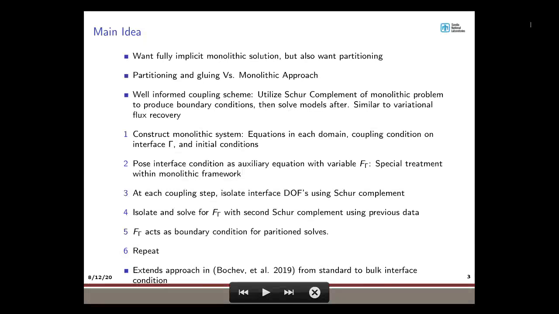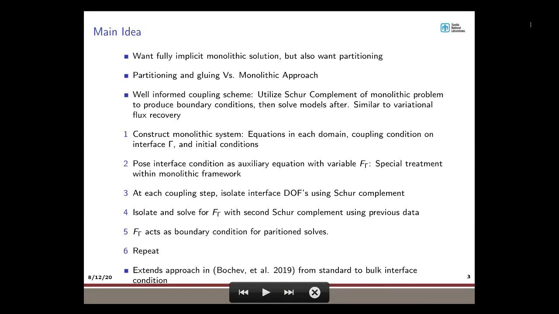And so a way to view this is a well-informed coupling scheme. You're utilizing some information of this monolithic system to come up with a better flux that has some desirable properties. And this is opposed to, let's say, a more agnostic coupling scheme, such as alternating Schwarz, where you just pass data.